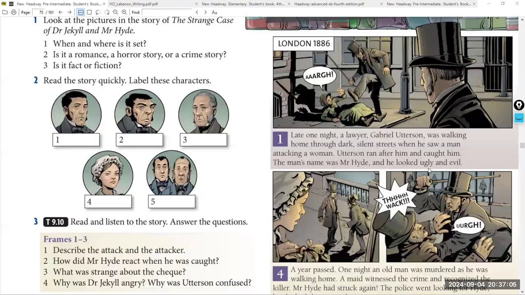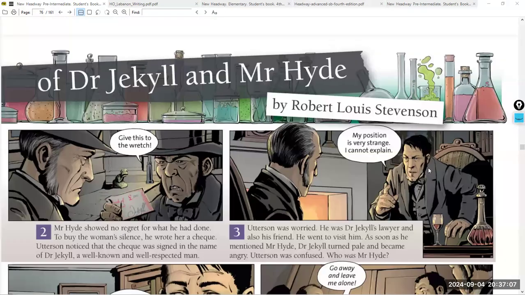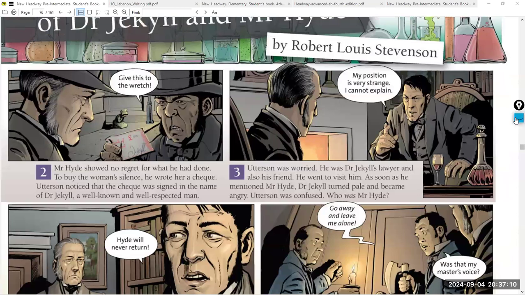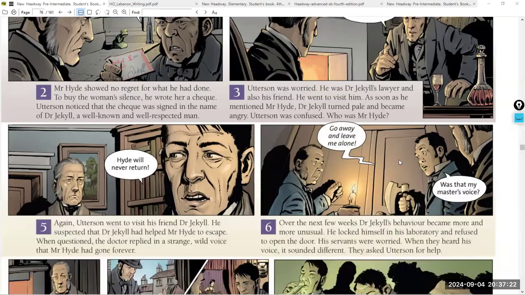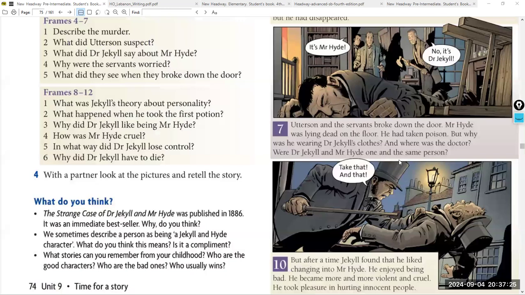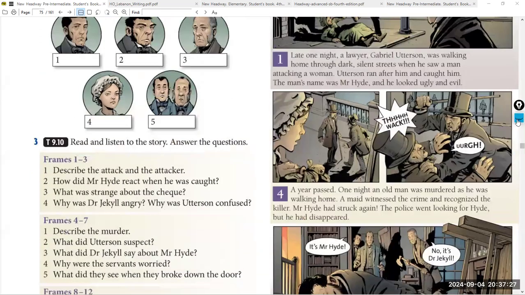And this is picture number 2. This is it. And this is picture number 3. Now picture number 4 is here. This is it.